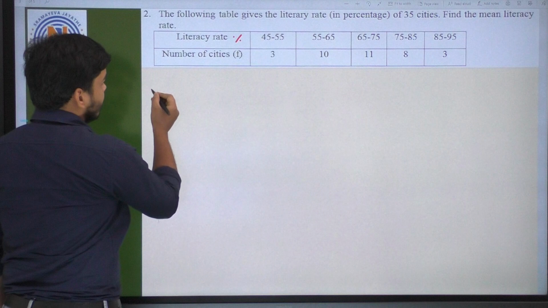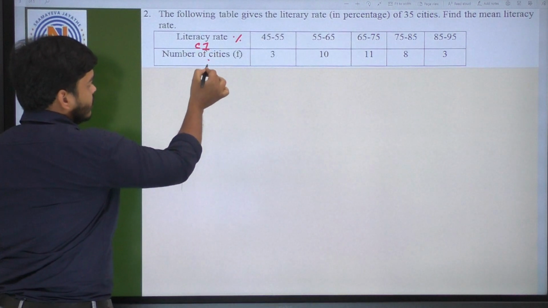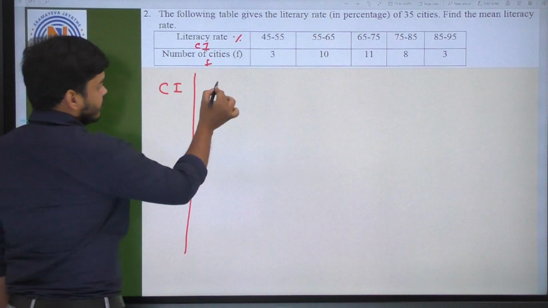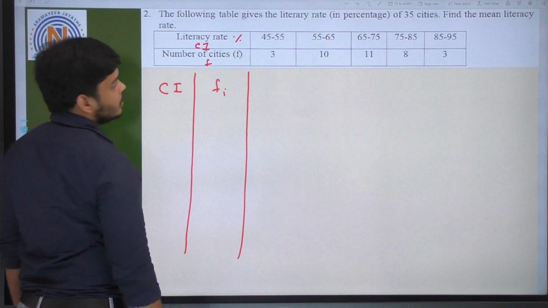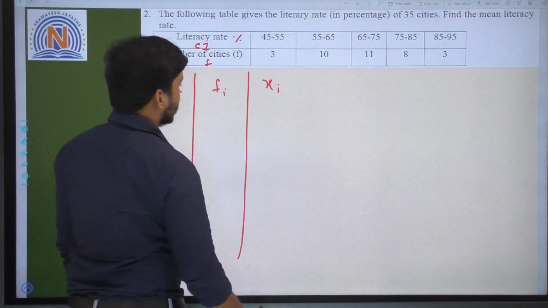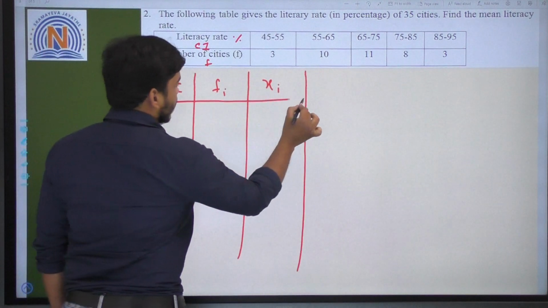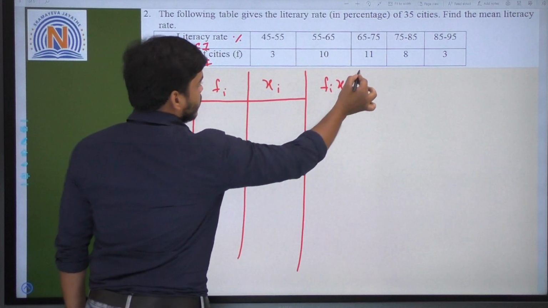Mean literacy rate. So here the literacy rate class intervals I am taking as CI, and the number of cities I am taking as frequency. So class intervals and frequency, right? Now the next one is the mid value of the class interval, and then fi into xi.